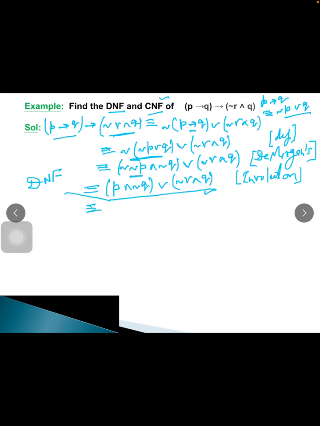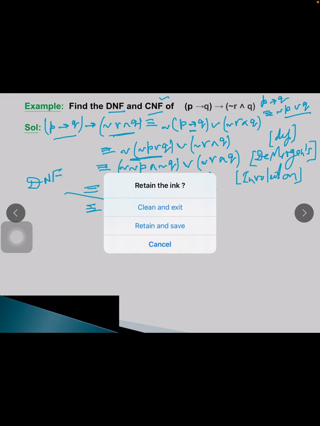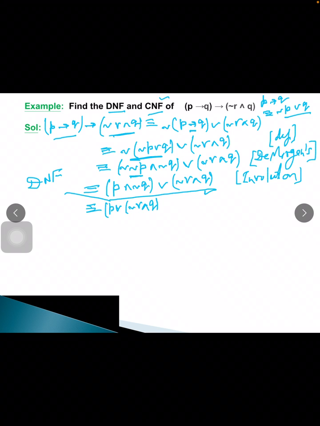When we use the distributive law, it becomes P or (negation of R and Q) and (negation of Q or negation of R and Q). So we use the distributive law here.